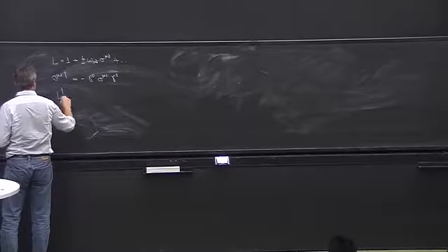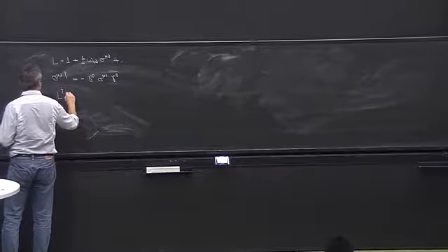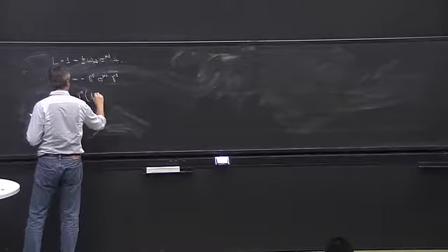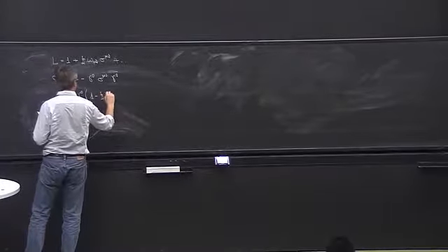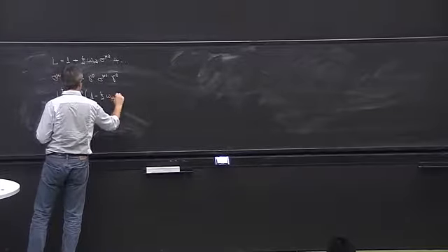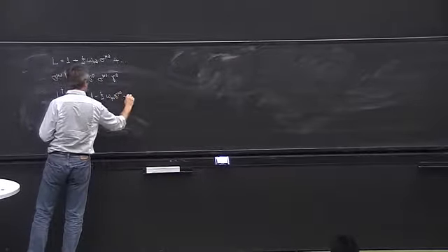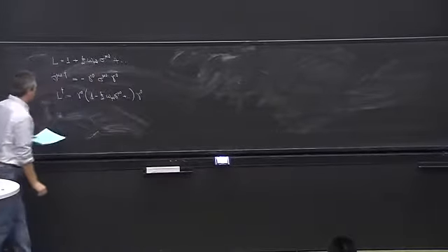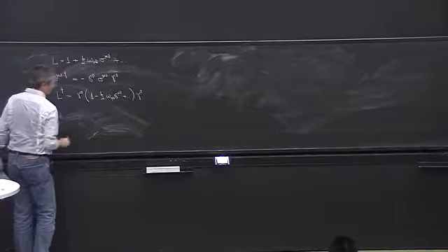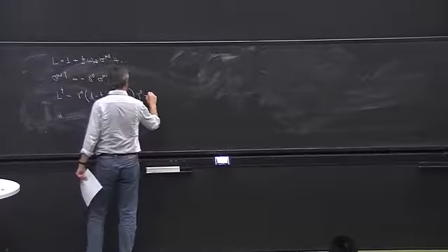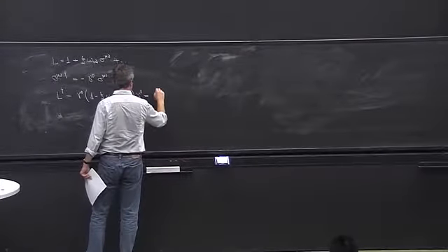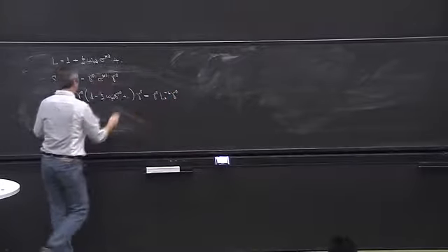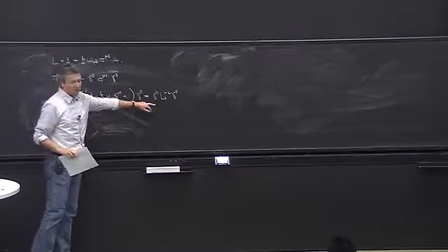So the conjugate of L will be equal to gamma 0, 1 minus 1/2 omega mu nu sigma mu nu plus etc., gamma 0. And so you see that the linear part changes sign. In fact, the whole thing combines into the inverse matrix.